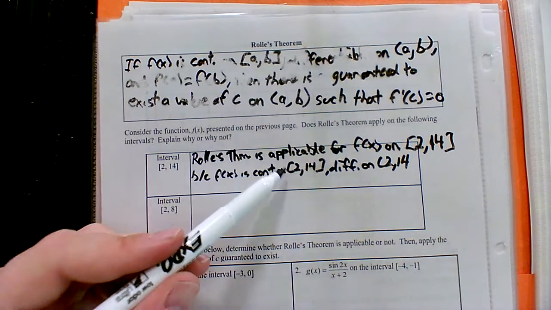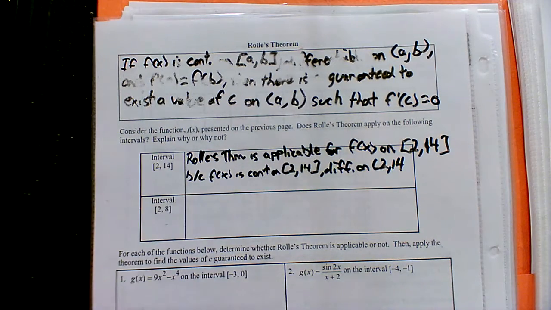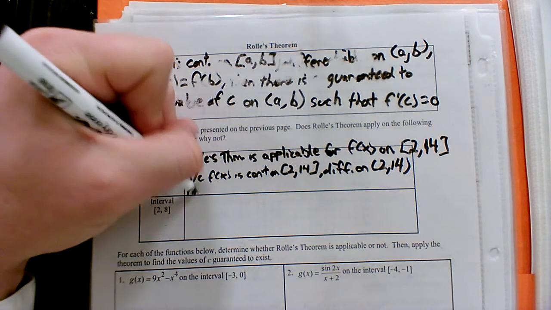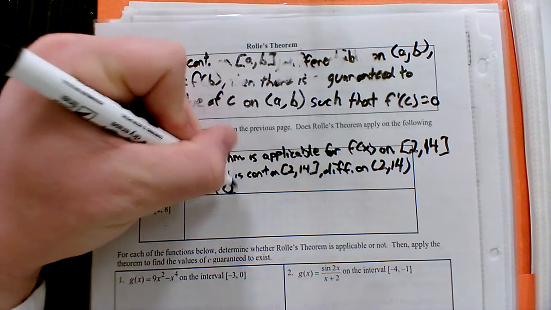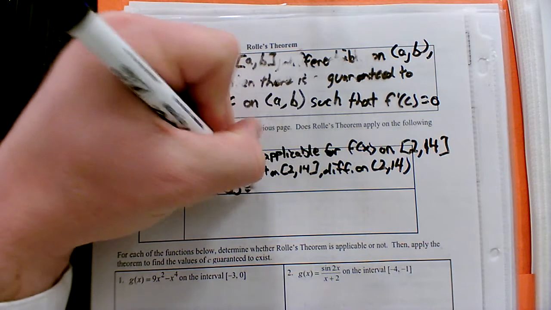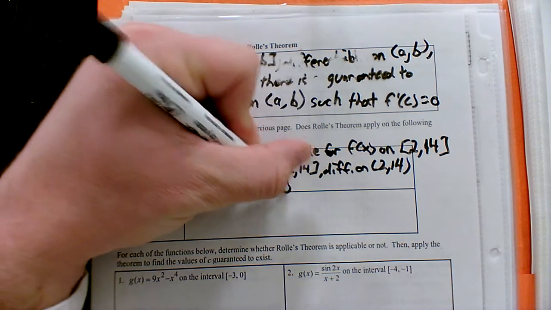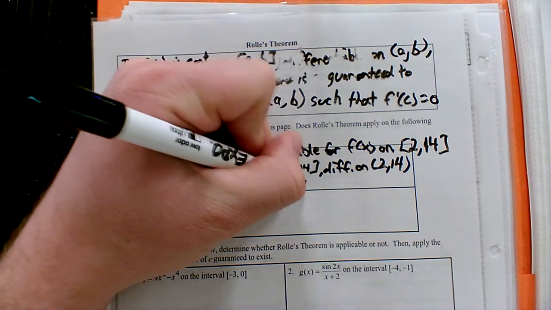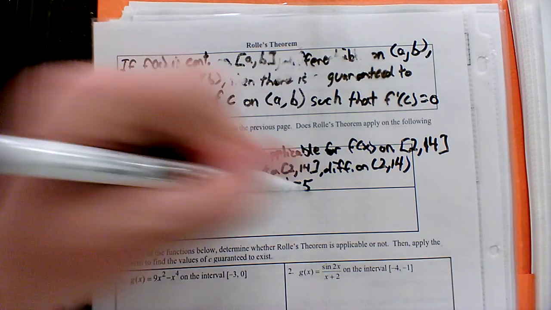Again, continuous, you want the brackets. Differentiable, it's the parentheses, 2 to 14. And f of 2 is equal to f of 14. And if you look at your chart or your graph, the value of that was what? It was 5, so they were equal to each other. They were both 5.